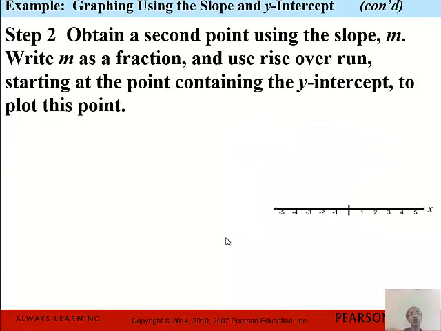Step 2 is to obtain a second point using the slope m. If the slope is not a fraction, we would make sure to write it as a fraction and then use rise over run graphically, starting at the point containing the y-intercept to plot this second point.